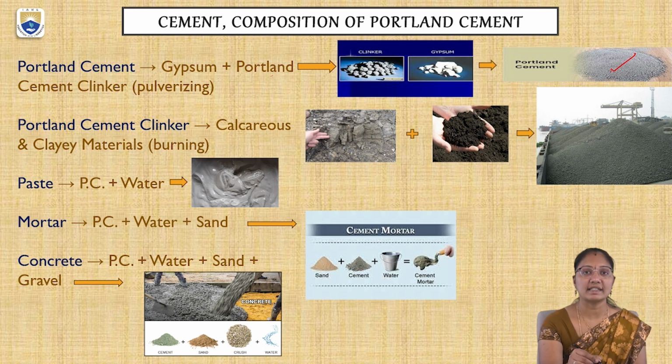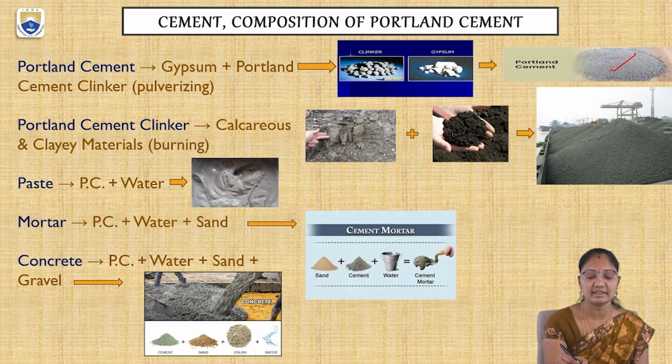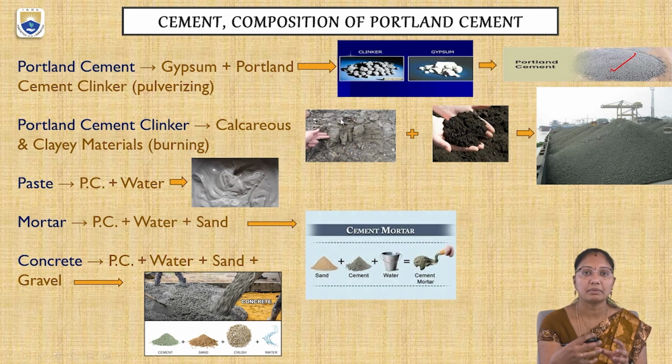Next is the Portland cement clinker, which is made by burning calcareous and clayey material. This calcareous material is obtained from open spaces, with a highly calcium content of around 66% in its composition.